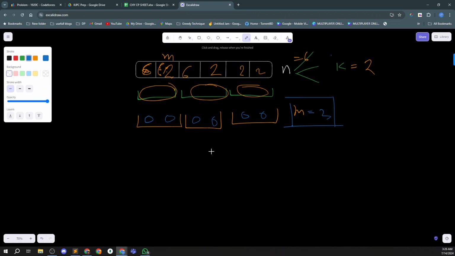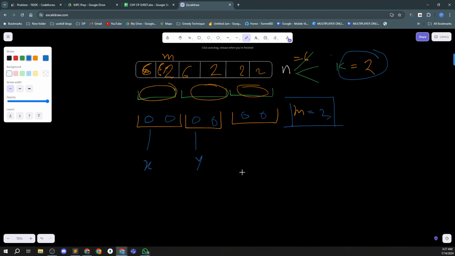For example, if k is equal to 2, that means after taking modulo m, these elements and these elements have to be the same. If we take this element as x and this element as y, how can we be sure that after taking modulo m both numbers will be the same?